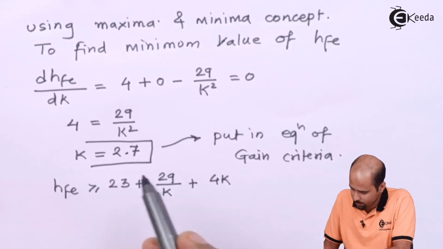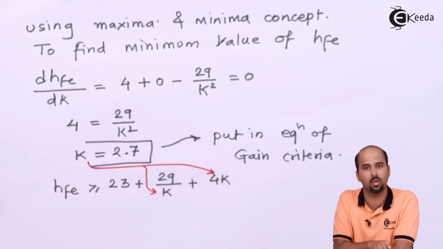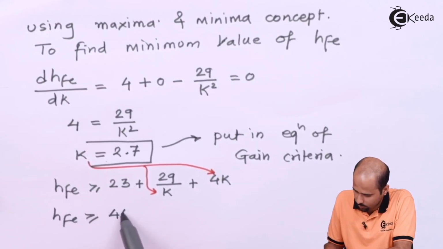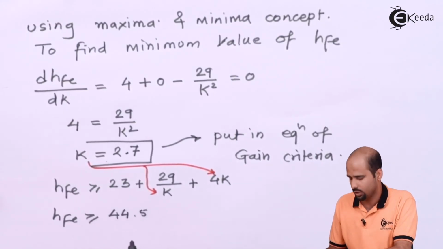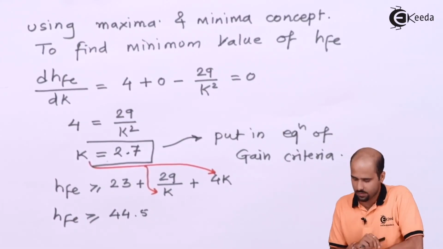Just put this value of K over here and over here, then the value you get is HFE greater than 44.5. The value which we are getting is 44.5.